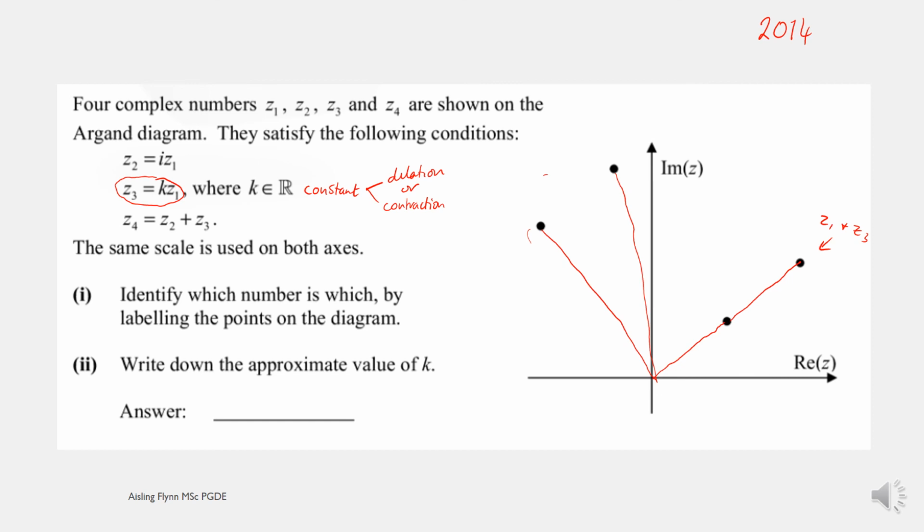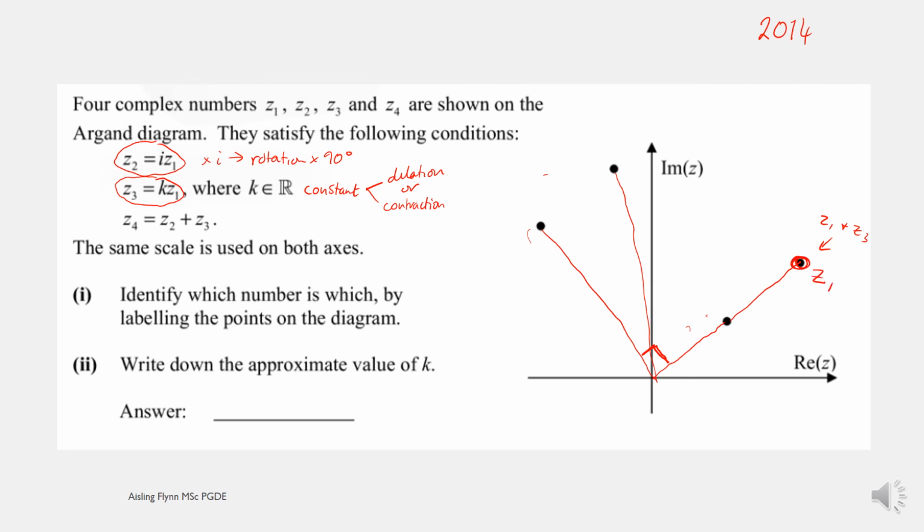For z2, we'll start with the top piece of information. z2 equals i z1. Now we learned that multiplying by i gives rotation by 90 degrees. We're told that the same scale is used on both axes, so we should have 90 degrees. Which two lines look like they're at 90 degrees? Well, there's my 90 degrees, I think. z1 will be the starting point, and the length of the line shouldn't change, so I think this one here is z1.